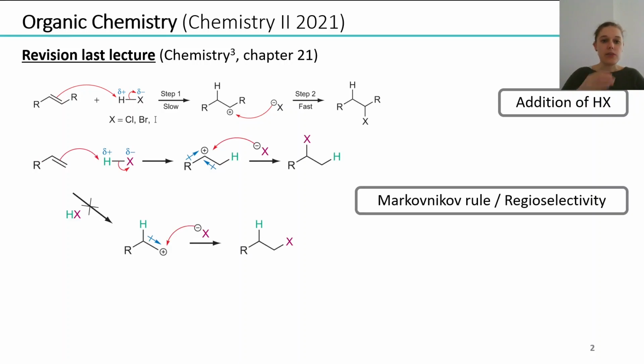Moreover, we saw that if we add a halogenohalide to a terminal alkene, then we will only observe the secondary halogenoalkane. And this is due to the so-called Markovnikov rule, and we saw that the addition of halogenohalides can therefore be regioselective.